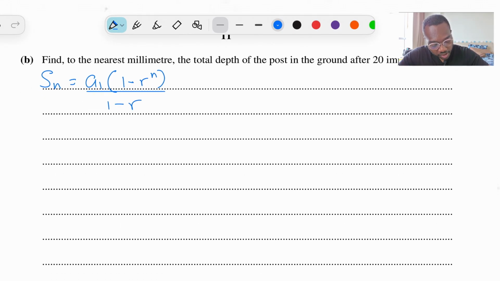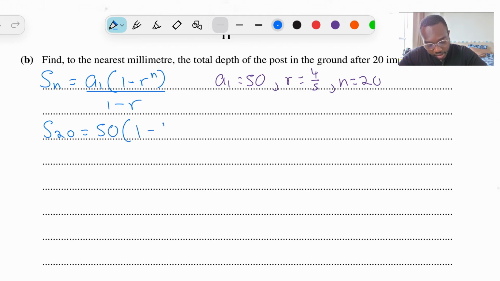We're going to do that when n is equal to 20. Again, we still have A1 as 50, r as 4 over 5, and n as 20. So that will be 50 times 1 minus 4/5 to the 20, over 1 minus 4/5.